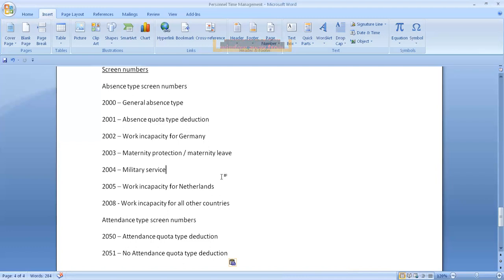This is for work incapacity in the Netherlands, where an employee has some incapacity to work. You can use it for Germany, for the Netherlands, and for all other countries you can use different screens because screens change country wise.